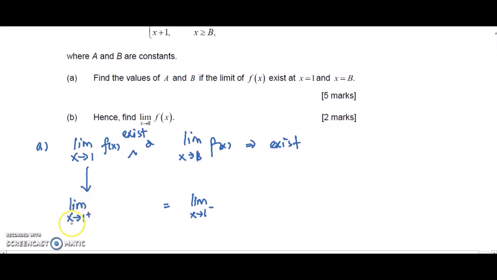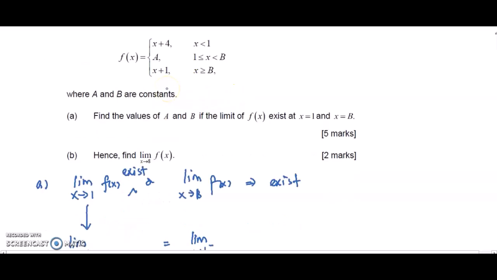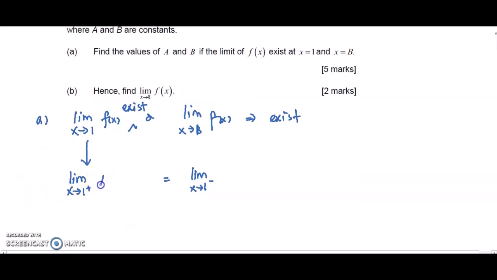So when I say that the limit as x approaches 1 positive, you should put in the function which corresponds to 1 positive. 1 positive means a little bit greater than 1. So the function which is for values greater than 1 is a, because 1 positive is in this interval. So you take this function, a, as your f(x), and this has to be equal to the limit when x approaches 1 negative.